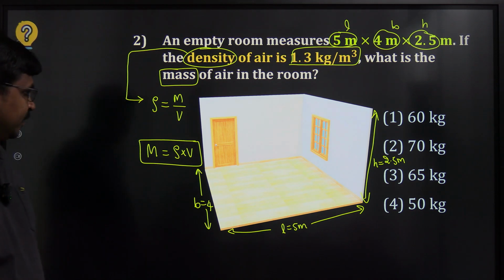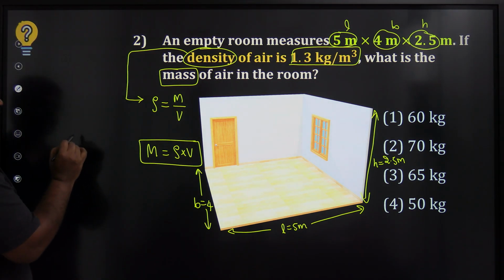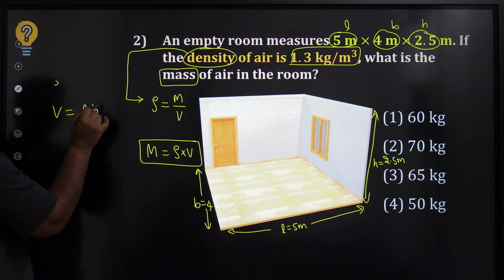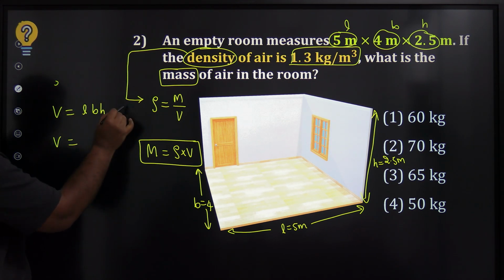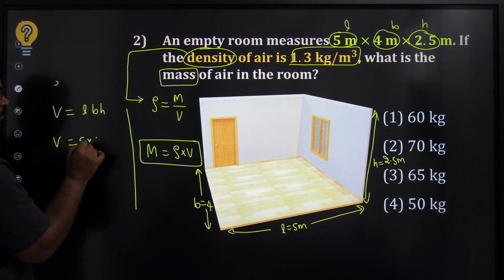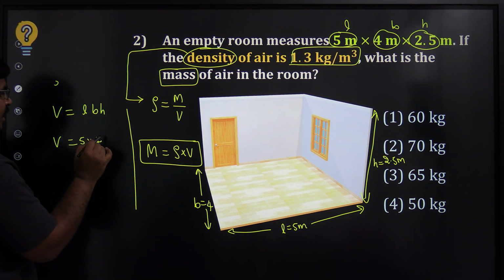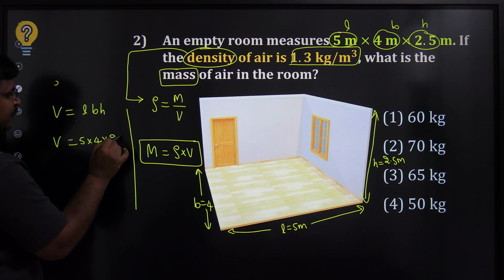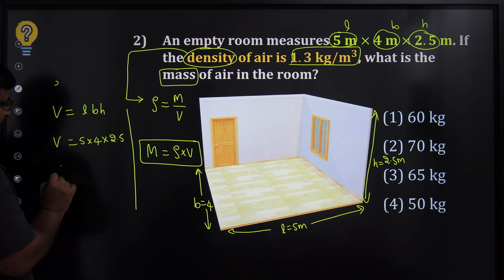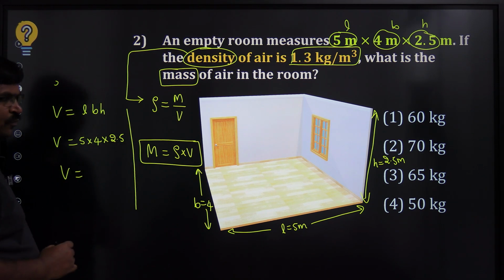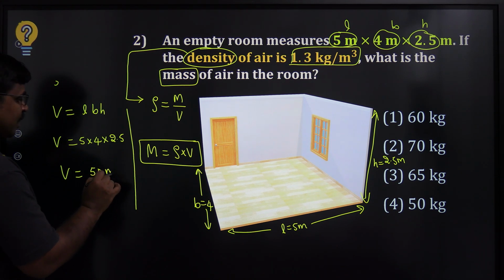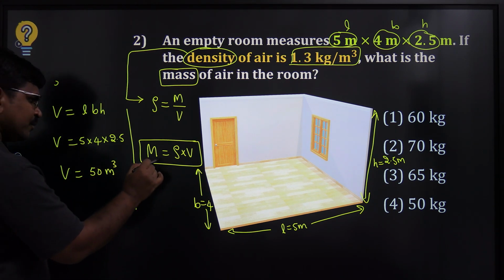So we know that the volume is equal to LBH. So V equal to L is 5 meters, breadth is 4 meter and height is 2.5 meter. And by looking at this you can understand this is 20 into 2.5 which is 50 meter cube is volume. But the question is about the mass.